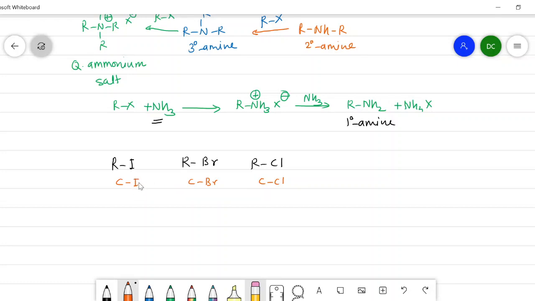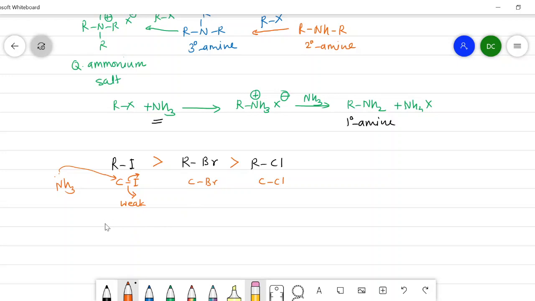The size of iodine is greater than bromine, which is greater than chlorine. That's why the bond between carbon and iodine is weak, whereas the other bonds are stronger as compared to the carbon iodine bond. Therefore, ammonia will attack this bond easily with the removal of iodine. So the reactivity order of alkyl halides in ammonolysis is such that alkyl iodides are more reactive than alkyl bromides, which are more reactive than alkyl chlorides.